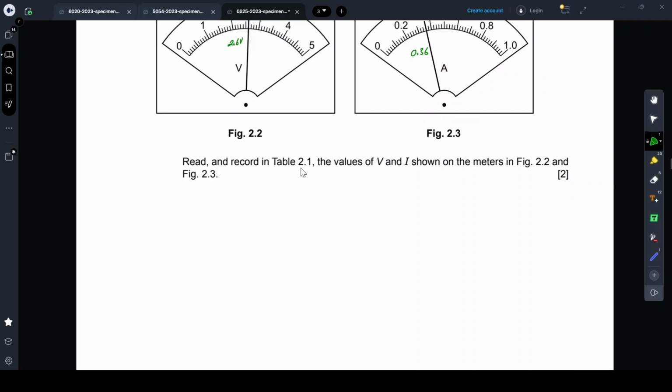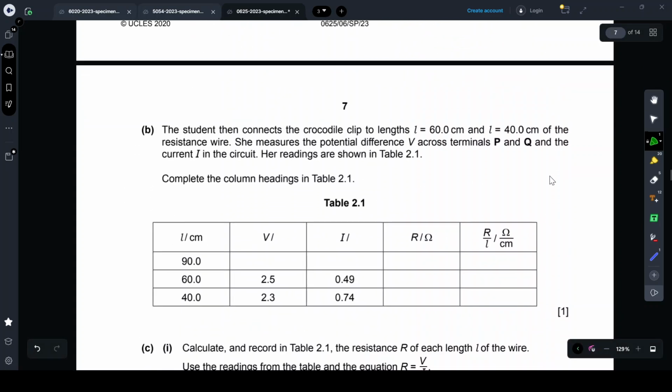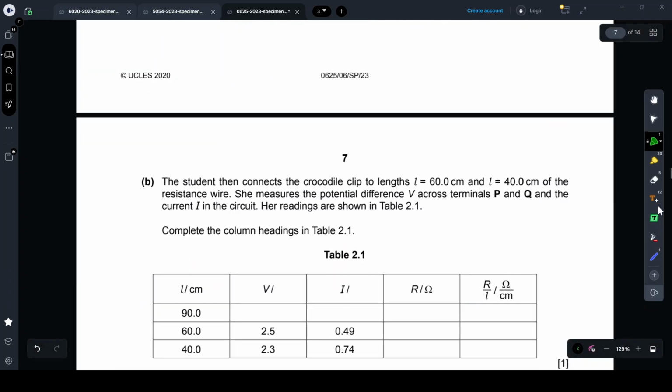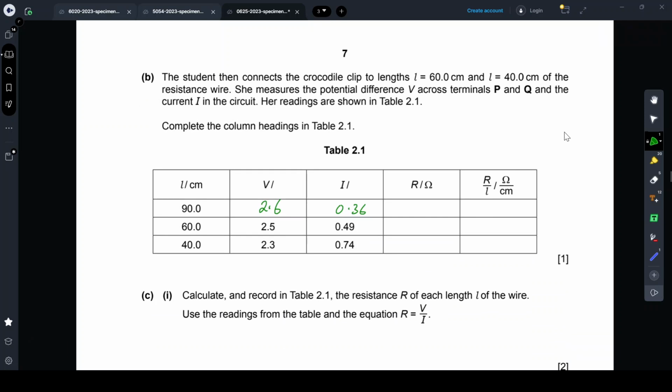So read and record in table 2.1 the values of V and I shown in figures 2.2 and 2.3. Right? So V is what now? 2.6, and I is 0.36. And then you need to calculate resistance.